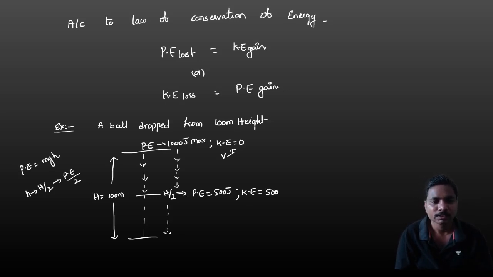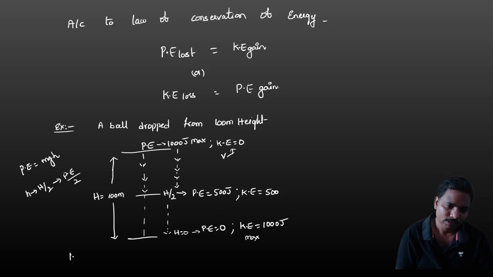And just before reaching the earth surface, the height is 0, then potential energy is 0. Whenever the potential energy is 0, the kinetic energy is the maximum. Maximum means 1000. So potential energy loses 1000 joules, kinetic energy gains 1000 joules.